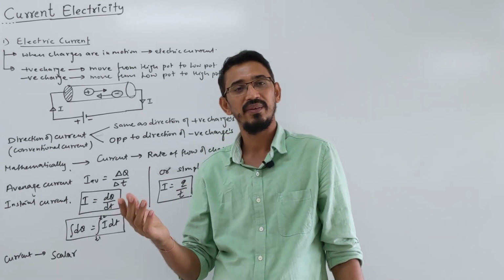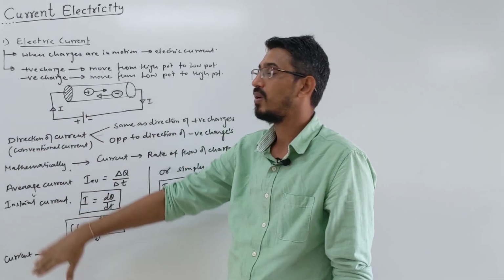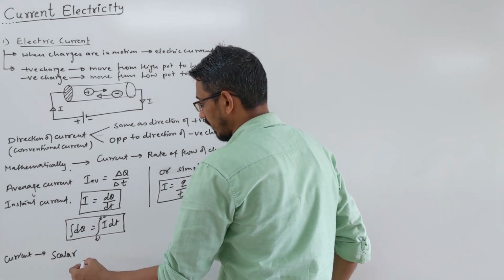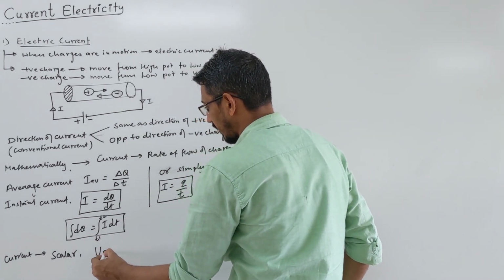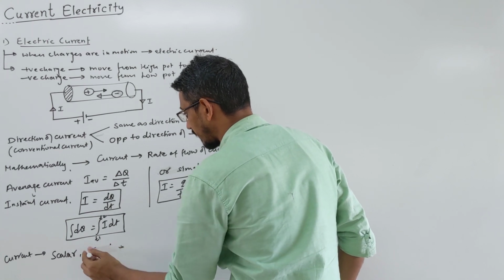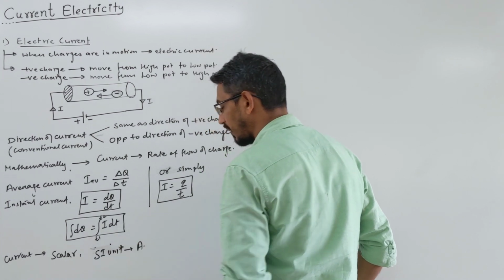It depends on whether somewhere we need direction and somewhere we don't. So in this chapter we will call it scalar only. Current is scalar, and the unit and dimensions you know. The SI unit is ampere.